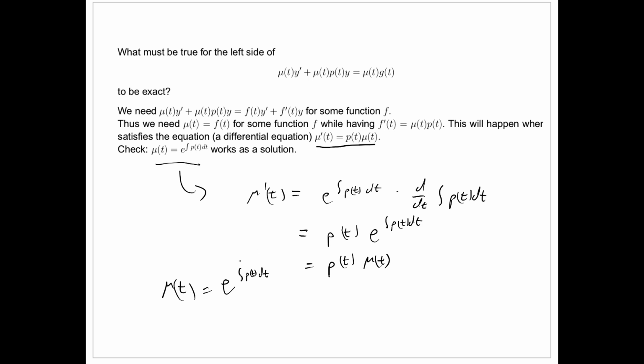You can pick any representative of this indefinite integral, any antiderivative of little p of t, and use that here, and you'll get a function mu that satisfies this differential equation. The fact that there are many different ones, and they all differ from each other by having an additive constant here in the exponent, means that the different functions mu that satisfy this differential equation actually differ by a multiplicative constant, and we'll see that won't matter when you multiply them through this equation.